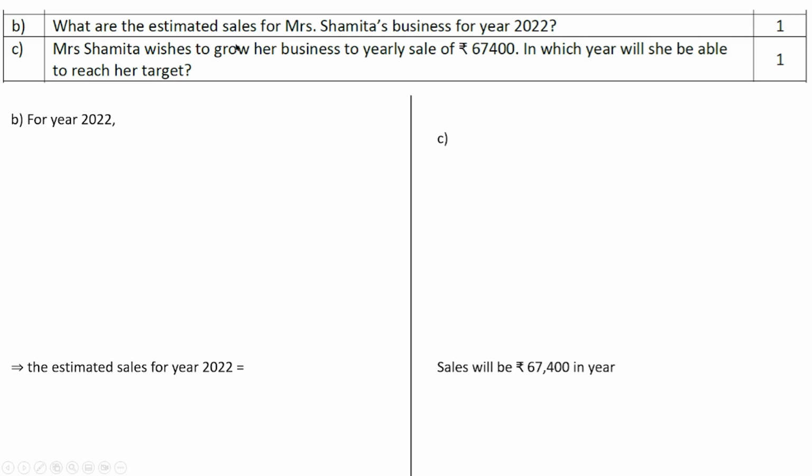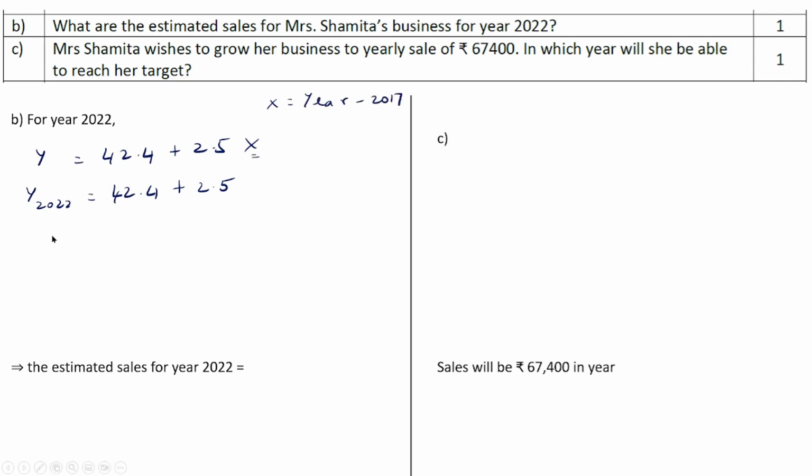So first we shall find the estimated sales for Mrs. Shamita's business for the year 2022. Here we already got y equal to 42.4 plus 2.5x. So for 2022, it is 42.4 plus 2.5 into x. Here this x we had as year minus 2017.